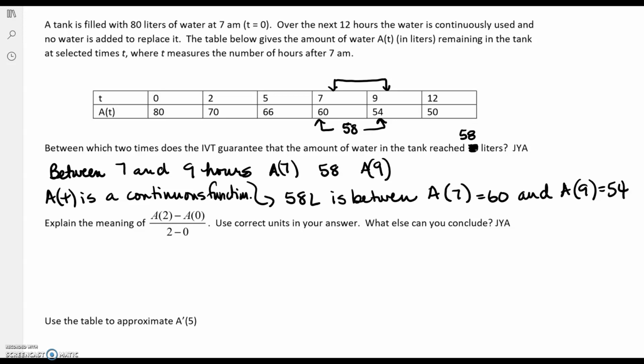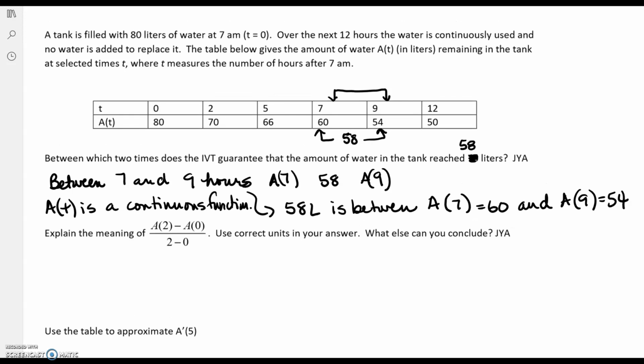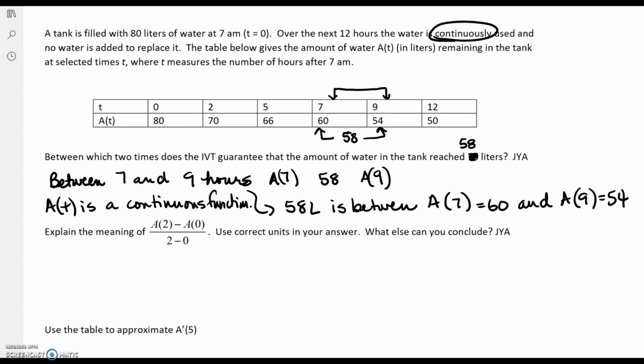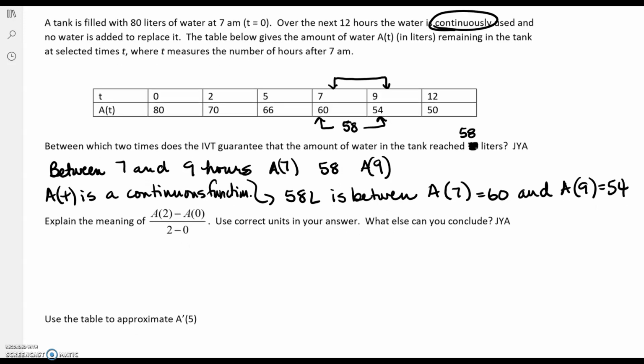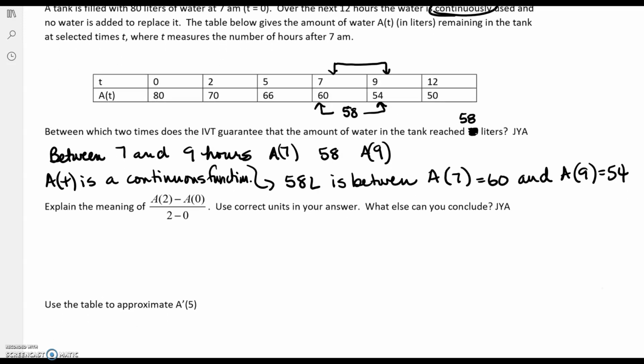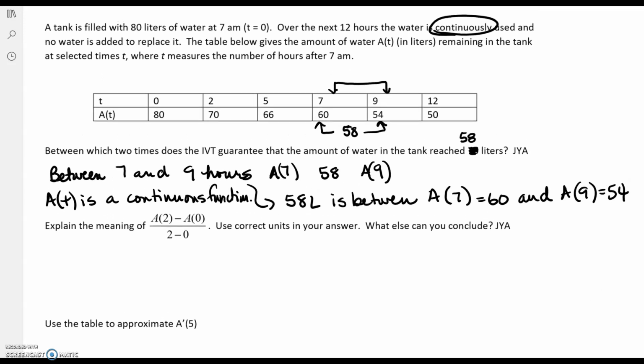Now, something like this is tough to say unless they tell you. I mean, we even used the word continuously in this problem. How do you know that data is differentiable? Usually they will tell you. I think if they don't, you can assume that nothing is crazy going on. You don't have these spikes where water's flowing out of a valve in the tank, and then somebody comes in and punches a hole and water spews out.